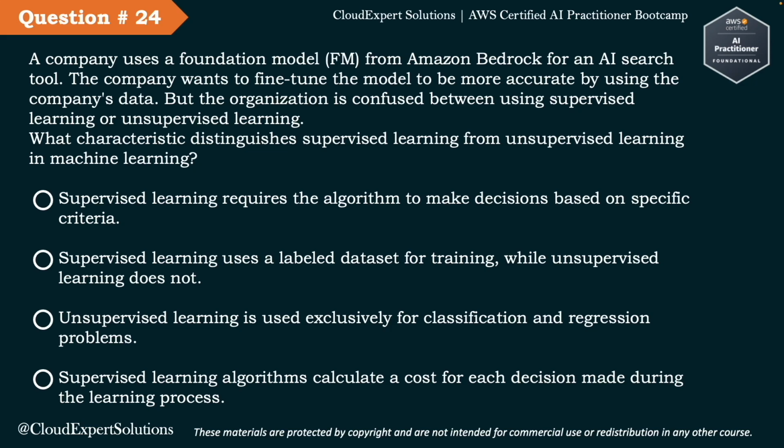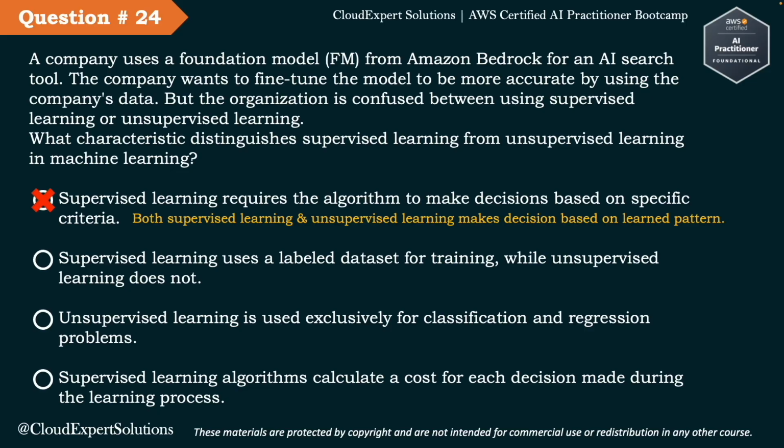Let's review the options. Supervised learning requires the algorithm to make decisions based on specific criteria. This is not true because this is vague and misleading, because both supervised and unsupervised algorithms make decisions based on learned patterns, not predefined criteria.